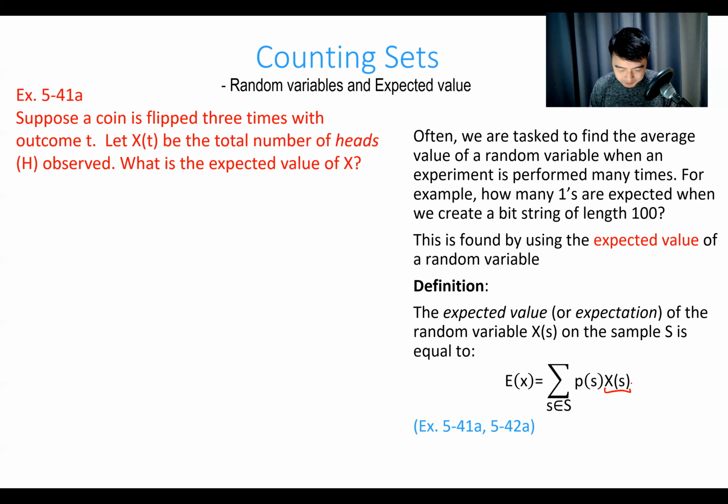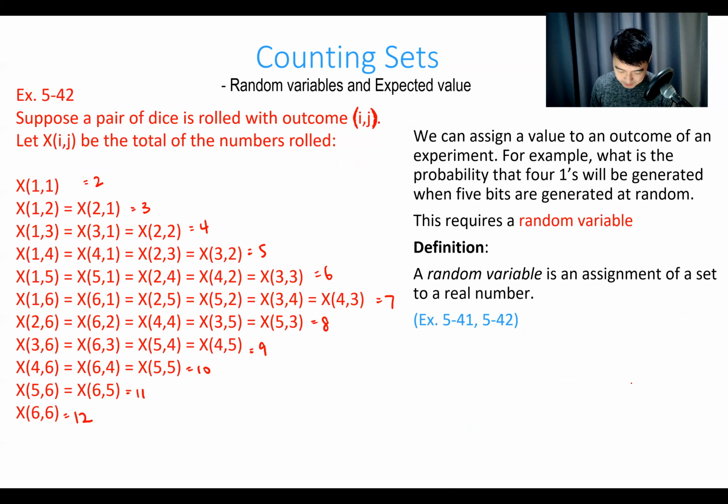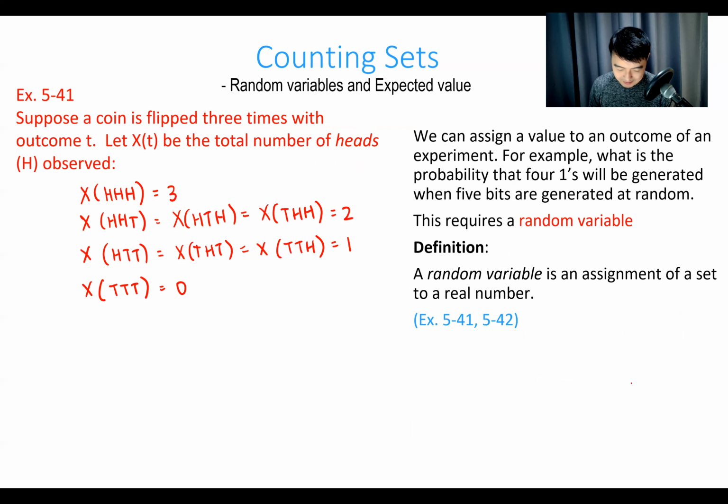Suppose a coin is flipped three times with the outcome t, and let x of t be the total number of heads observed. This is something that we've done as a random variable earlier. What is the expected value of x? Here, we're going to take the sum of all the probabilities along with the values. Let me go back very quickly and take a look at this example.